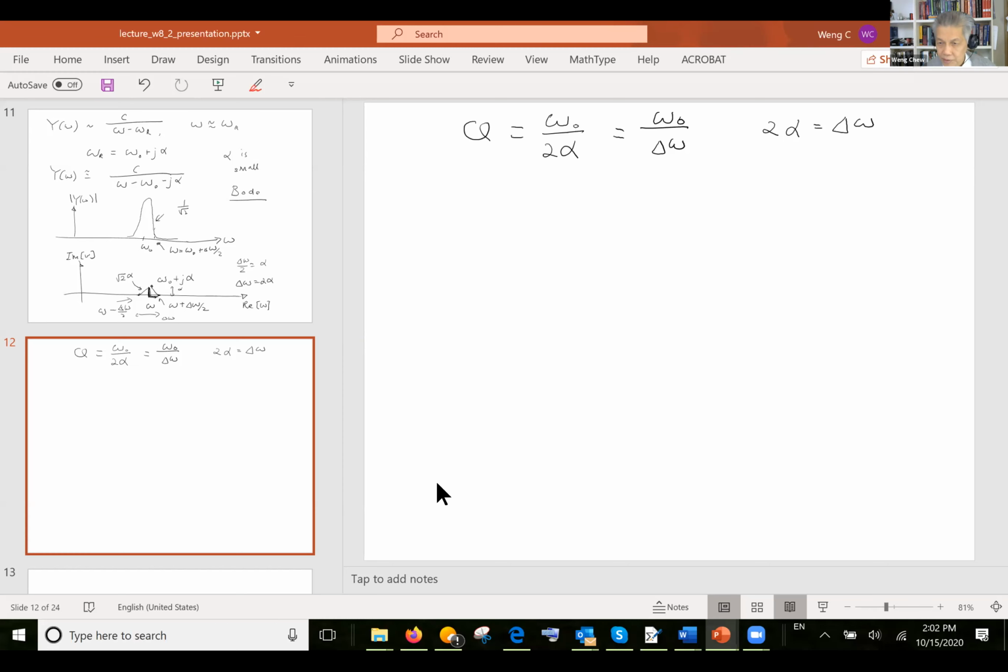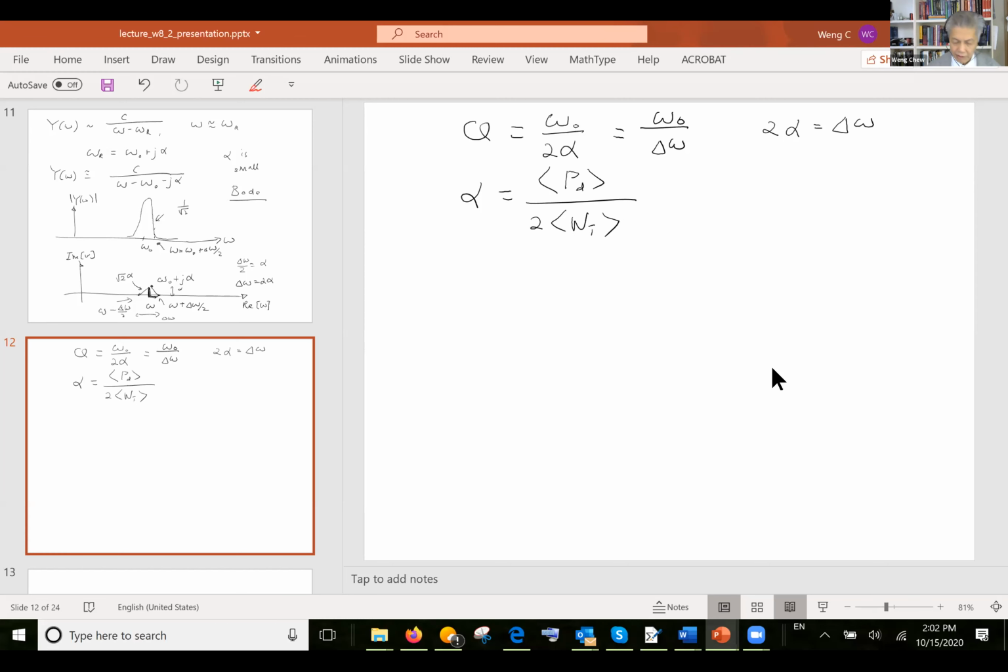Okay, so right now let's go about discussing how we can calculate this loss. This decay factor, as we said before, can be calculated many ways. And in the case of a resonating cavity, it is given by PD over 2WT.